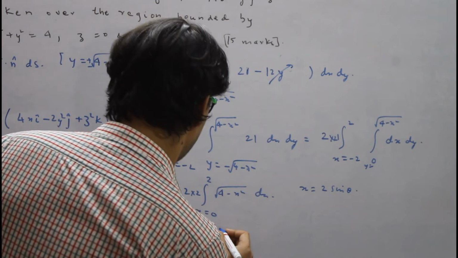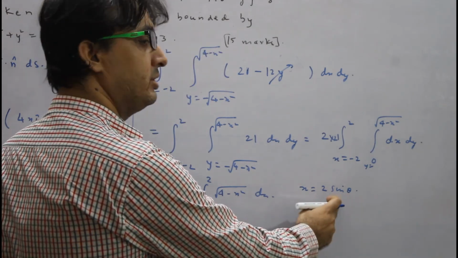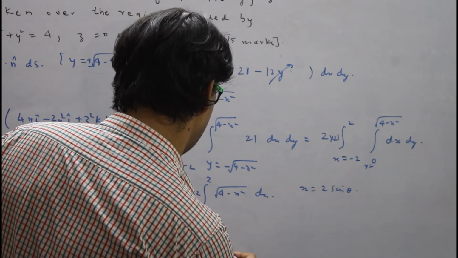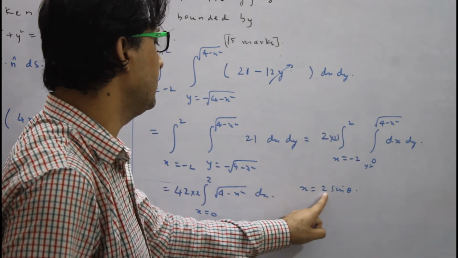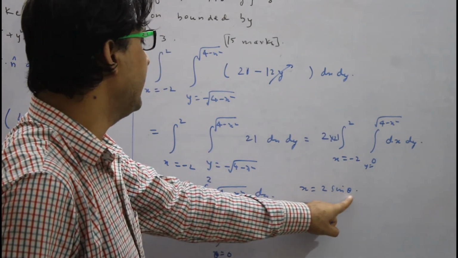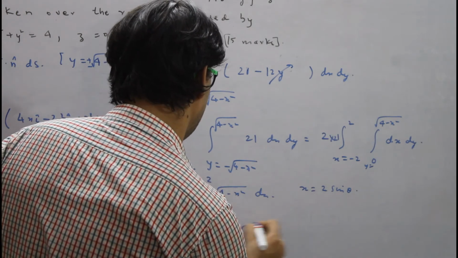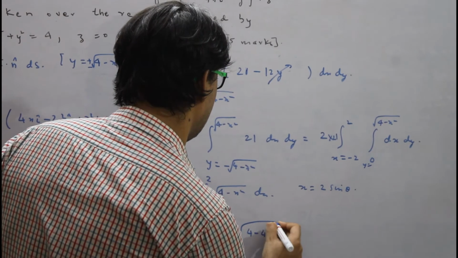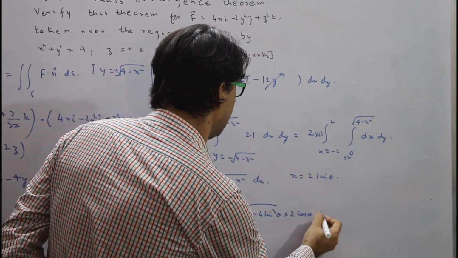When x is equal to 0, sine theta is 0, so theta is equal to 0. When x is equal to 2, the 2 gets cancelled, sine theta is equal to 1, so theta is equal to pi by 2. Under the root we have 4 minus 4 sine squared theta, and we take the derivative, which is 2 cos theta d theta.